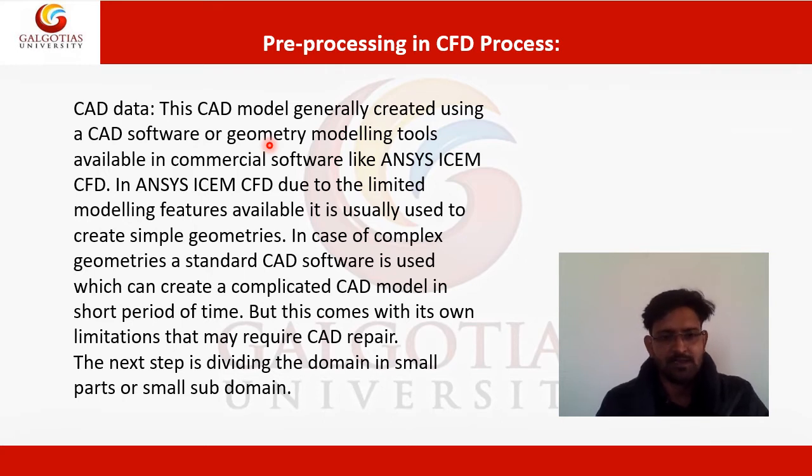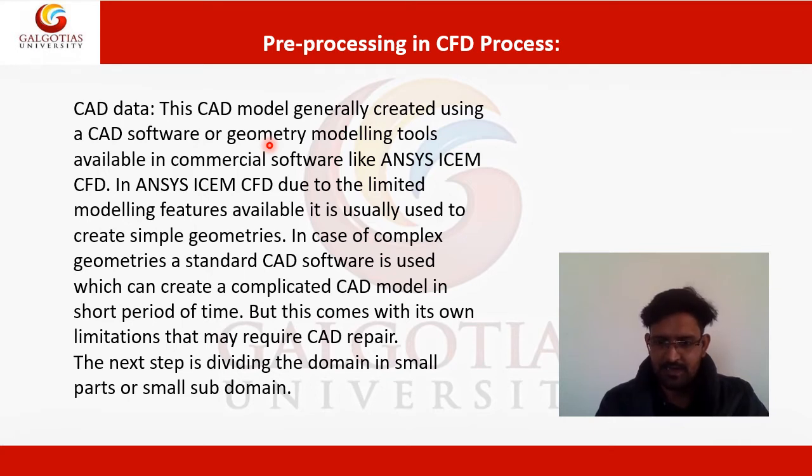A typical CFD pre-processing activity involves creating the shape and size of the domain, and this is generally supplied through, first, the CAD data. We have a CAD model. This CAD model is generally created using CAD software or geometrical modeling tools available in commercial software like ANSYS ICEM CFD.